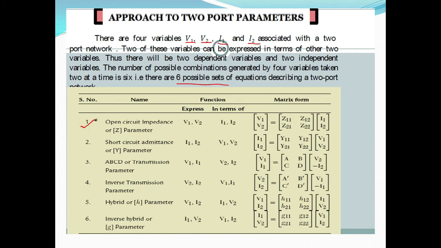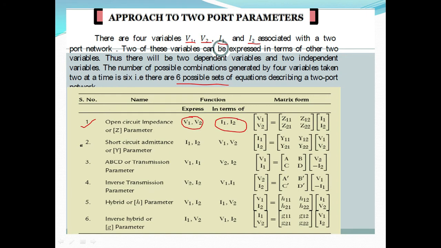First is the Z parameter. In this Z parameter, your equation is in the form where V1 and V2 are the dependent parameters, and the independent parameters are the currents I1 and I2.